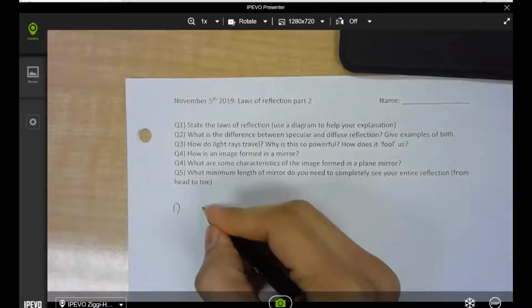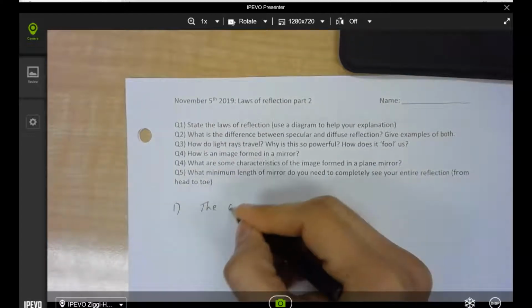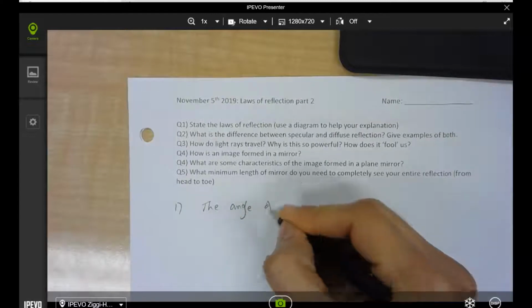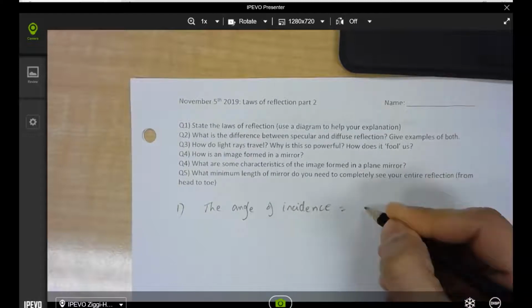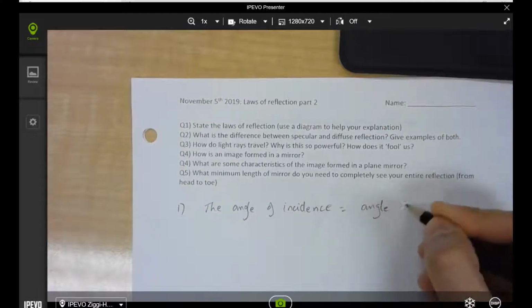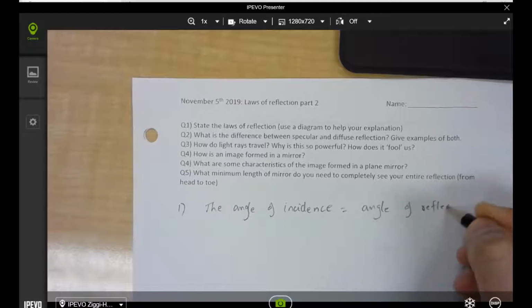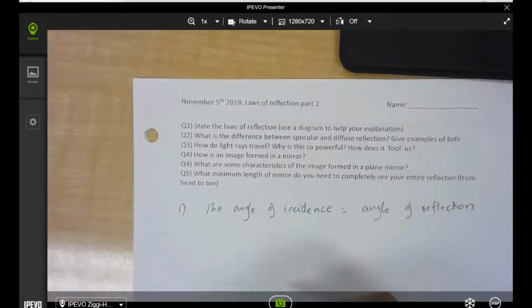The laws of reflection state that the angle of incidence equals the angle of reflection, like we hopefully figured out from our activity.